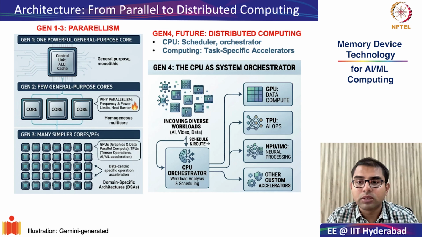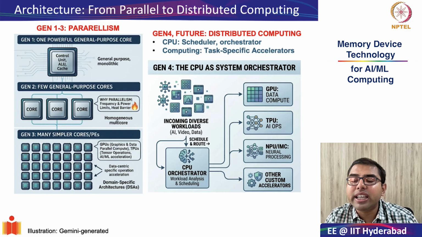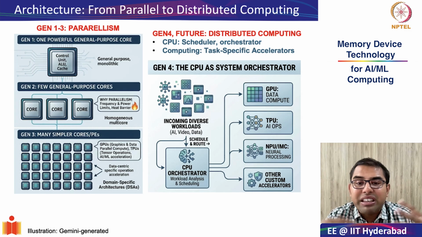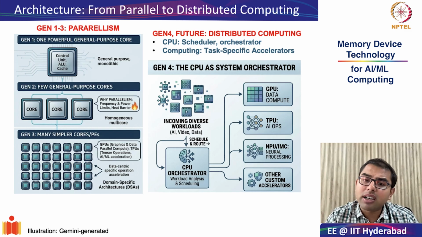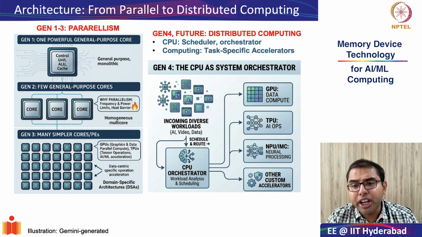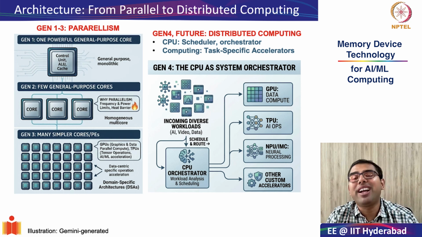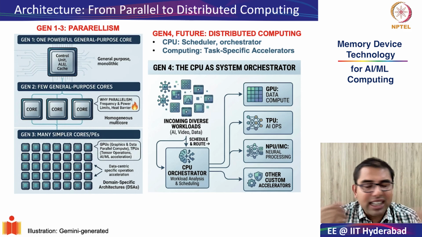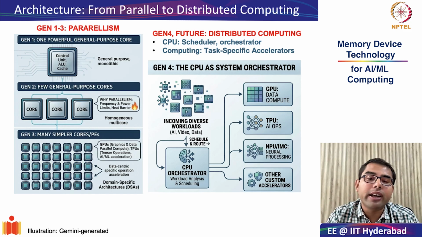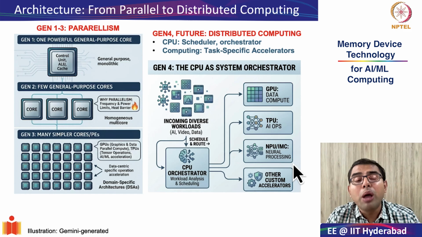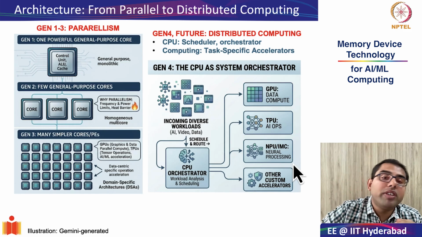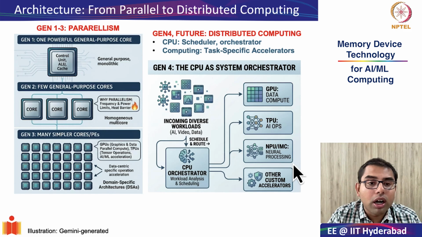What it does is analyze the diverse incoming workloads like AI, video, or other data tasks and strategically schedule and route them to highly specialized task-specific accelerators. And this has already been implemented nowadays in Apple's M2 or M3 chips, where you have your neural processing units along with your GPUs and your regular CPUs.